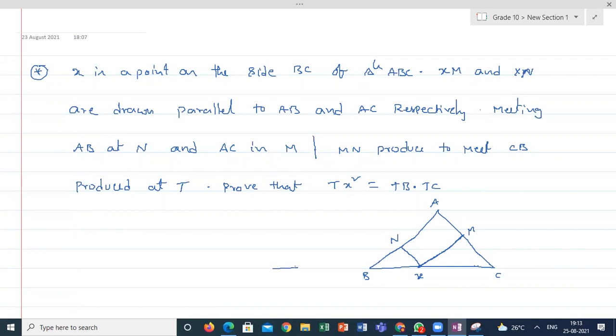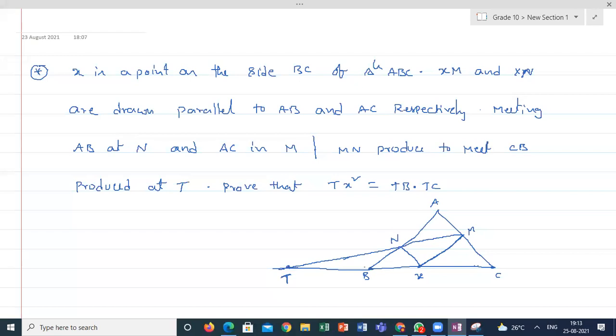So I am extending BC, CB, and producing MN, meeting AB at N, AC at M. MN produced meets CB, and CB produced at T. So this is T. So prove that TX square will be equal to TB into TC.